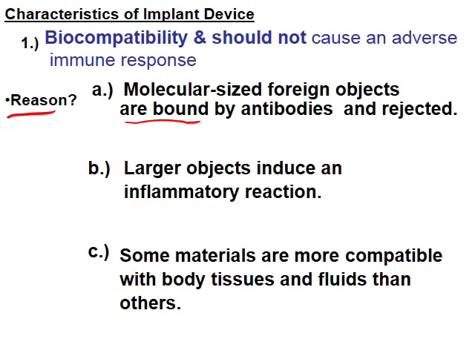Secondly, larger objects can induce an inflammatory reaction, so you don't want that either. Also, some materials are more compatible with body tissues and fluids than others, so one will have to be careful before selecting an implant device.